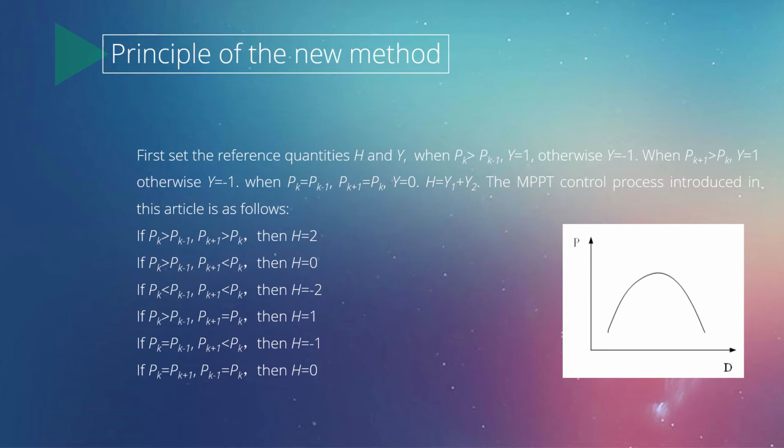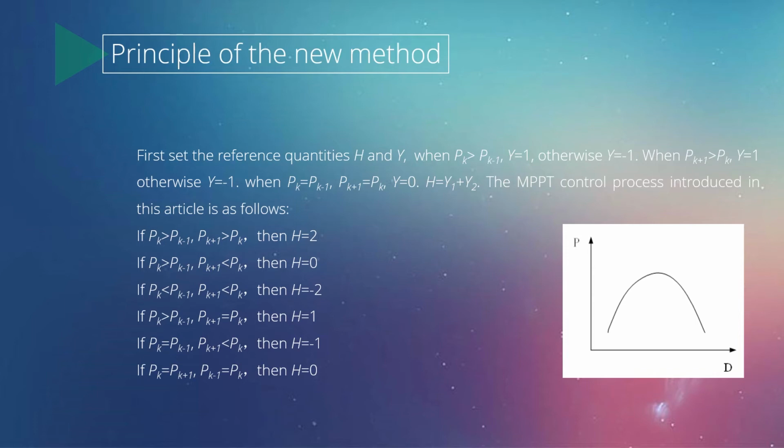When pk plus 1 is bigger than pk, then y2 is equal to 1. Otherwise, y2 is equal to minus 1. When pk is equal to pk minus 1, or pk plus 1 is equal to pk, then y is equal to 0. H is equal to y1 plus y2.